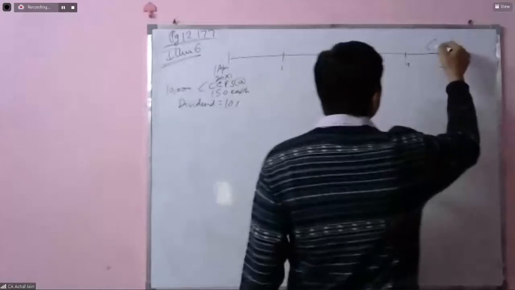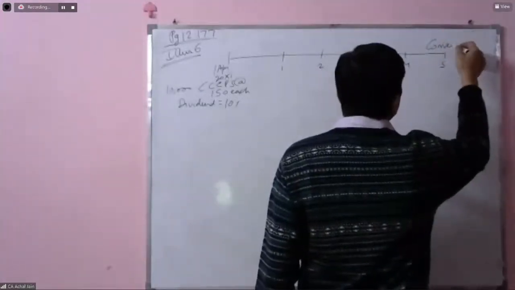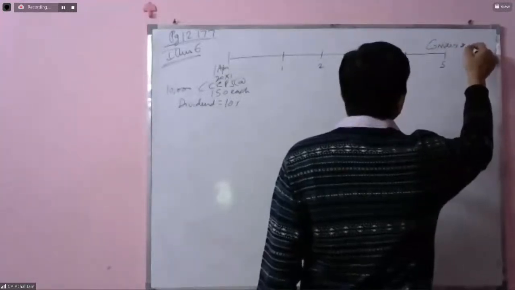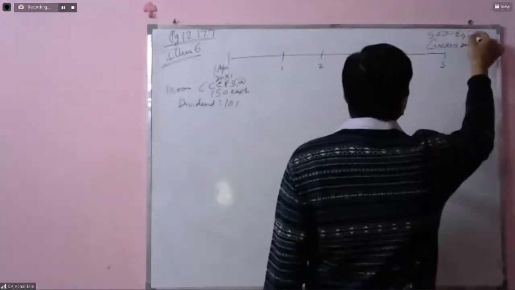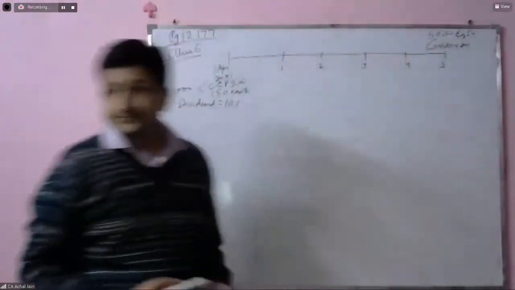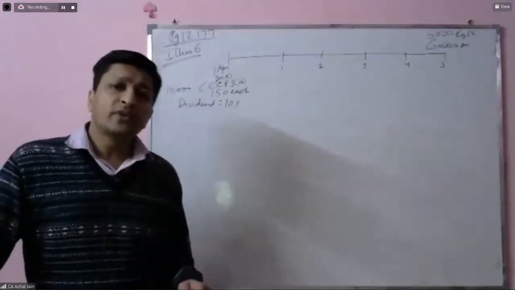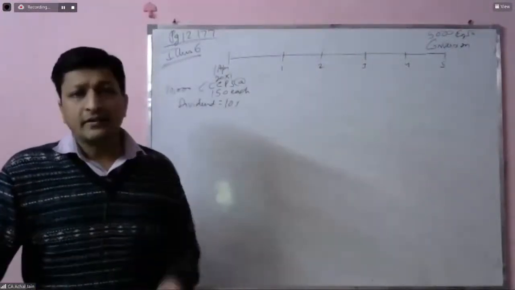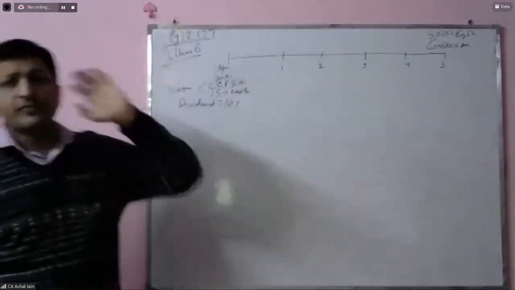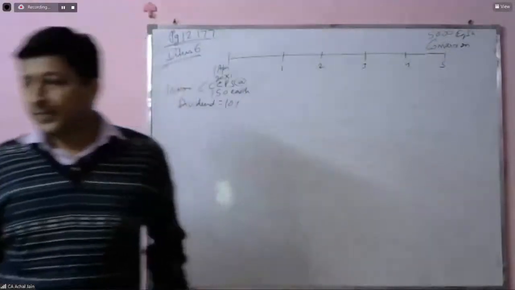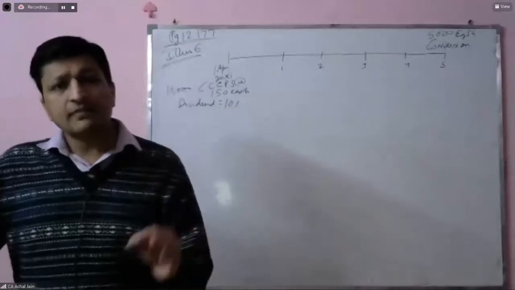At the 5th year, conversion will take place, and they will be converted into 5,000 equity shares. That means every 2 preference shares will convert into 1 equity share. Why? Because we have 10,000 preference shares and they will become 5,000 equity shares. So the number of equity shares is available today.